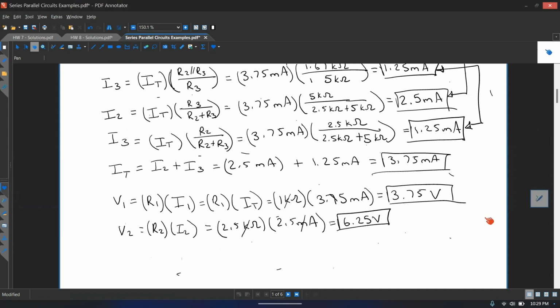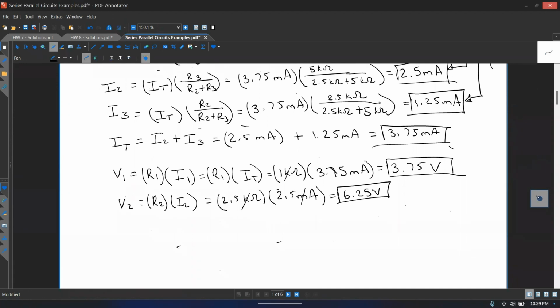All right, so what about V3? V3 is going to equal your R3 times I3. And so that's 5 kilo ohms times your I3, which is 1.25 milliamps. Your kilo cancels out your milli. And so 5 times 1.25, and you get the same thing.